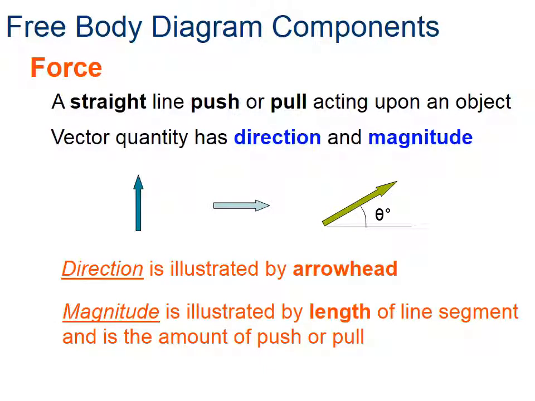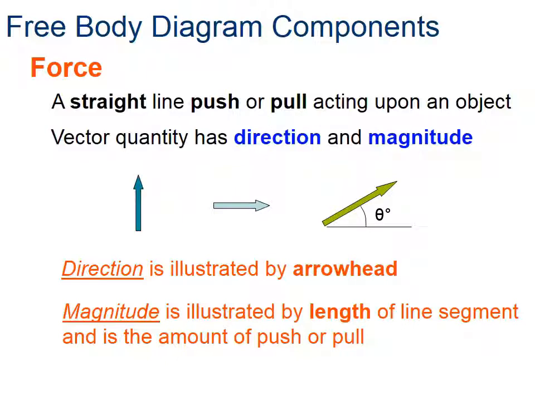Some of the free body diagram components, first thing is a force. And we remember we talked about in the statics presentation what a force is. It acts in a straight line. It's a vector, so it has direction and magnitude. One thing to know about any vector is that magnitude can be represented by a number, or it can also be represented by the length of a line segment.